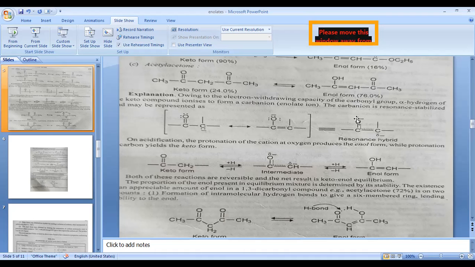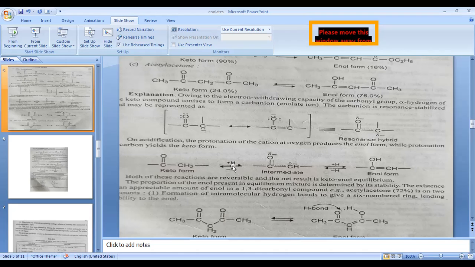Okay, resonance hybrid may be. So this negative charge is dispersed from this to this. So these are the representing forms. On acidification, the protonation of the carbanion at oxygen produces the enol form. This is the ketone form.